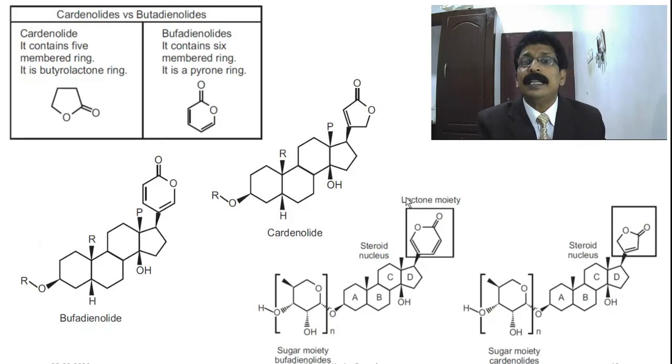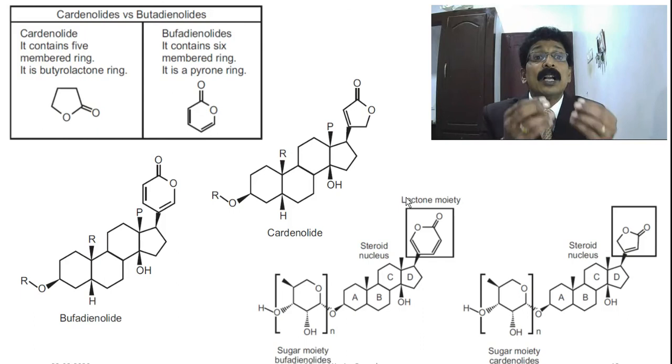Now if you see this structure, the presence of the lactone ring, how cardiac glycosides are differentiated or classified into 2 types by means of the presence of a 6-membered and a 5-membered lactone ring structure.